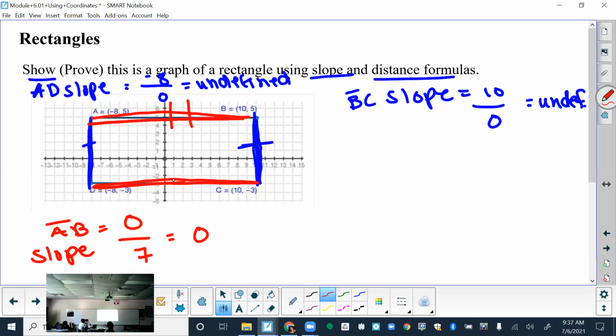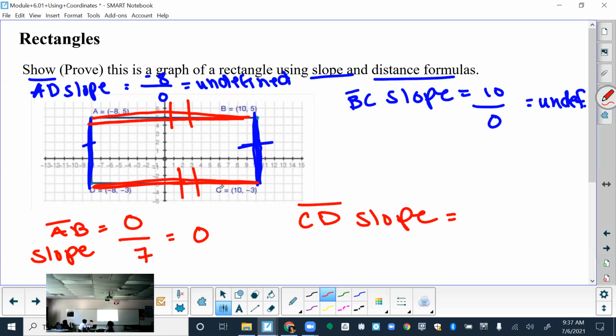Does that make sense? So we're trying to see if this line down here, CD, has the same slope. Does it have the same slope? The rise, I could put the y value for that. Sorry, does this have a rise? CD.